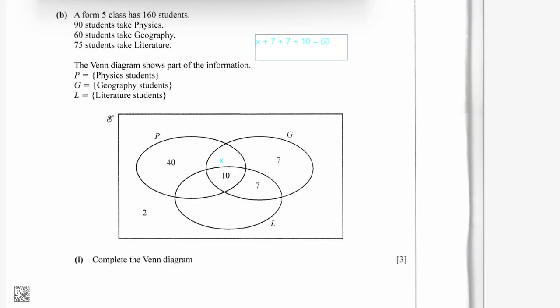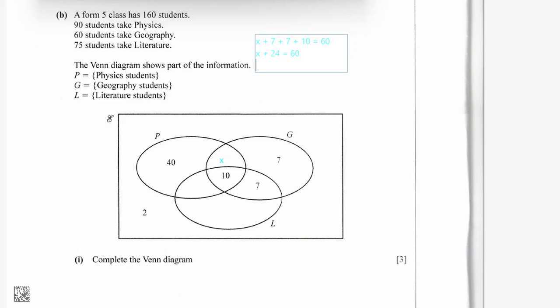And then we have x plus 7 plus 7 is 14, plus 10 is 24, equals 60. Let me confirm. 7 plus 7 plus 10. Oh, sorry, it's not 34, it's 24.